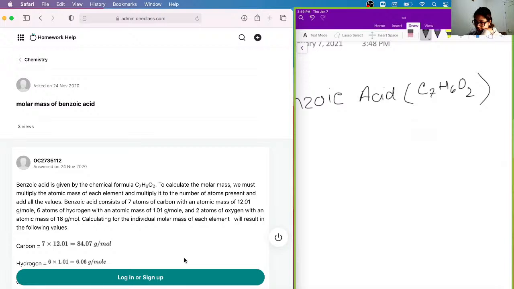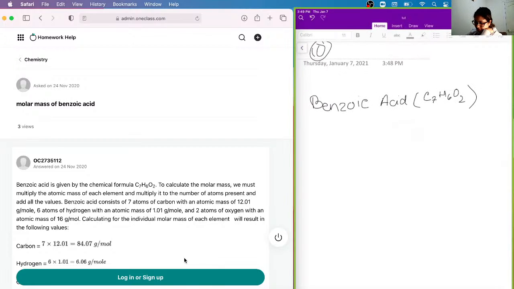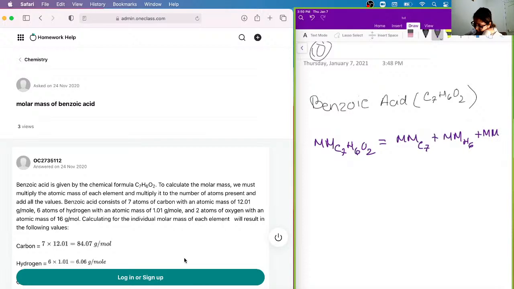So to calculate the molar mass, we would now break this chemical formula down into three individual elements. We find the molar mass of 7 carbon atoms plus the molar mass of 6 hydrogen atoms plus the molar mass of 2 oxygen atoms.